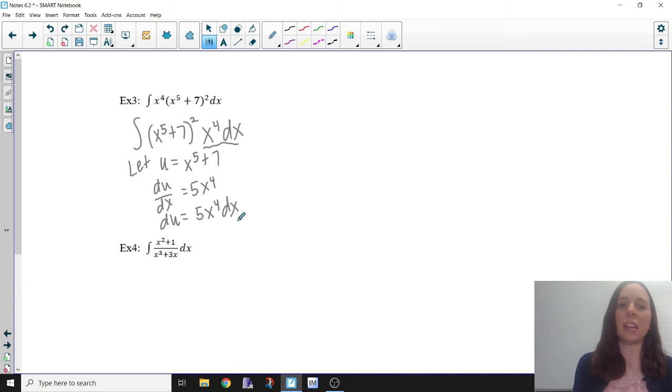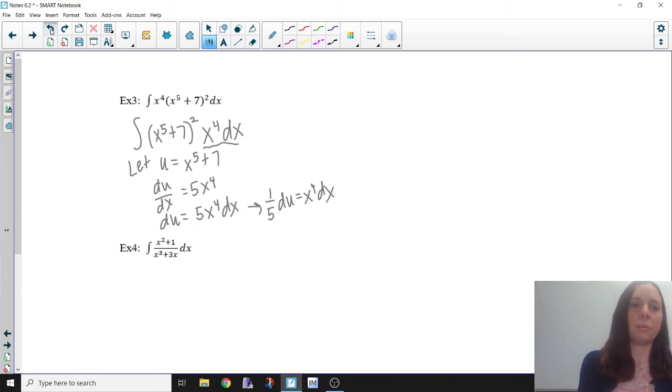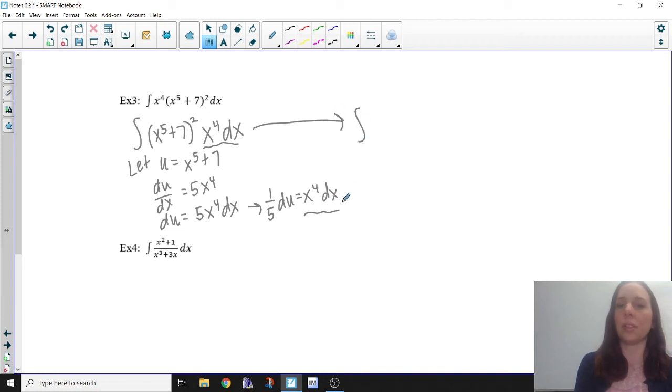You need this side of your equation to match perfectly with the stuff that's on the outside of the composition, meaning the extra stuff. So this 5 needs to go over to the du side like this. We could call it 1/5 du is equal to x to the 4th dx. And now these things match, and we're ready to rewrite the integral in u form.